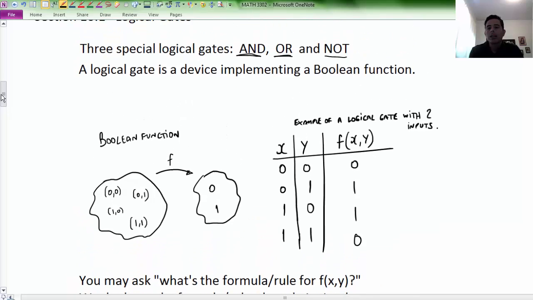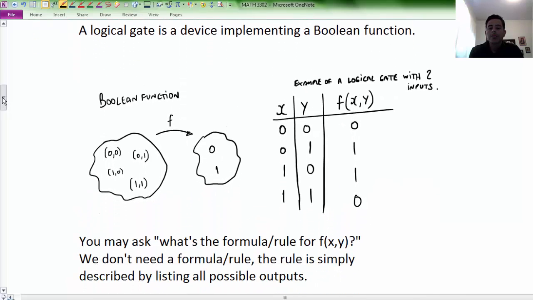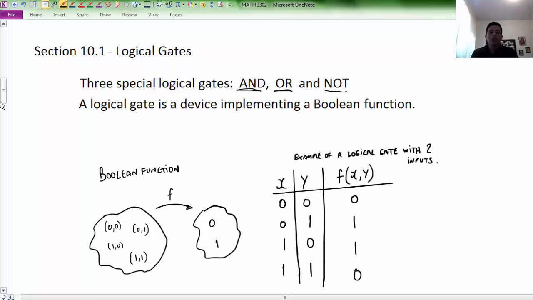Now, logical gates are building blocks of things that we use today in computers. With logical gates, we are able to create transistors and use transistors to create computers.